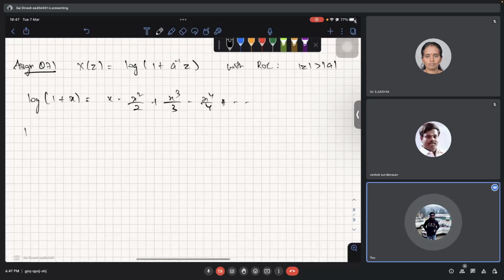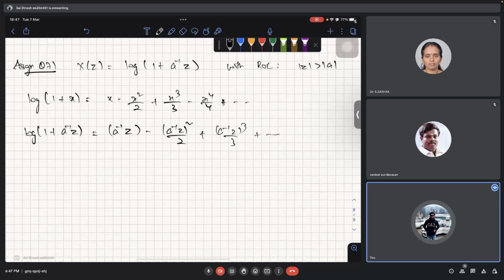So what will be the value of log of 1 plus A inverse z? This will be A inverse z minus A inverse z whole square by 2 plus A inverse z whole cube by 3 and so on, right?